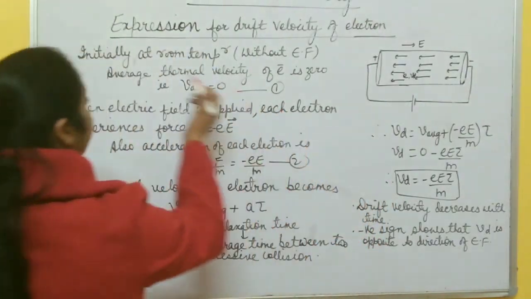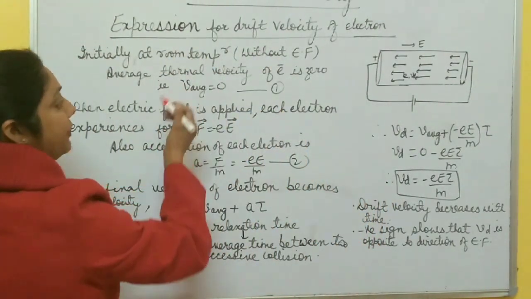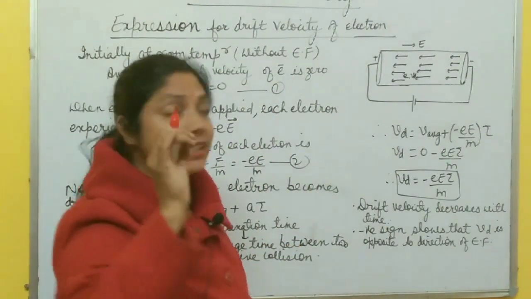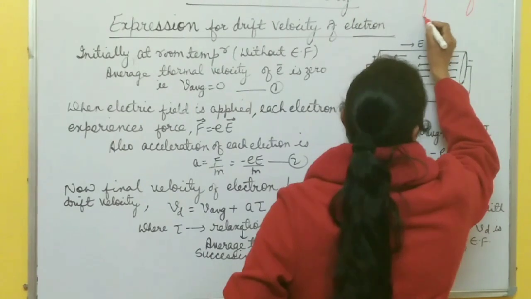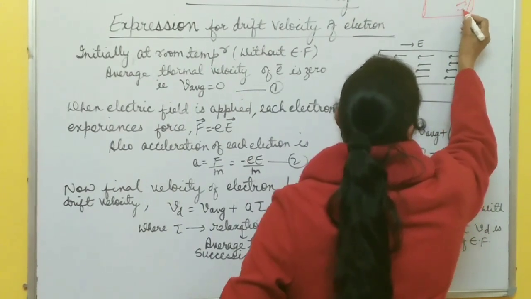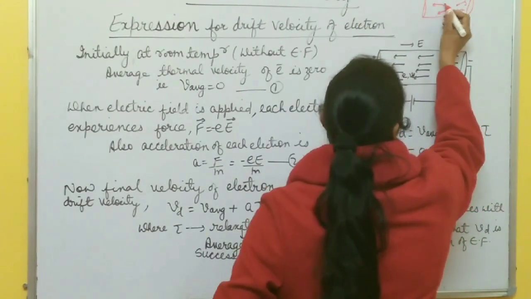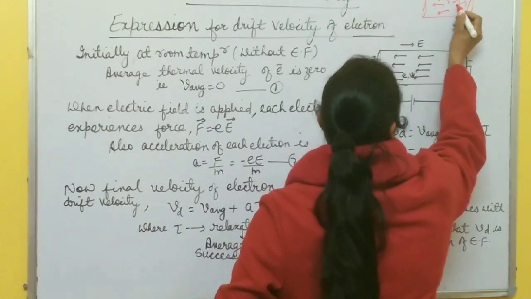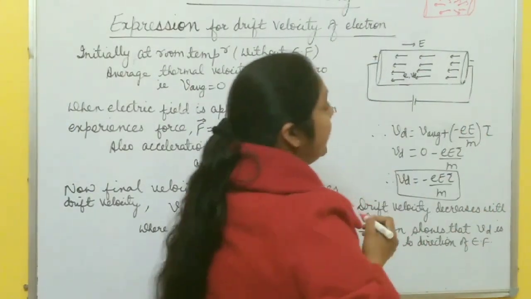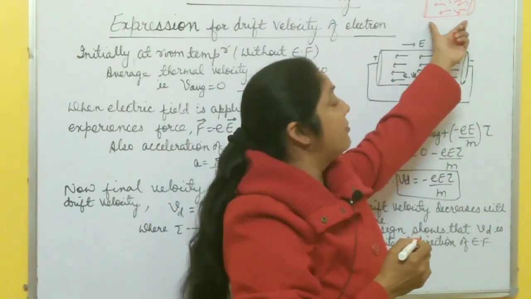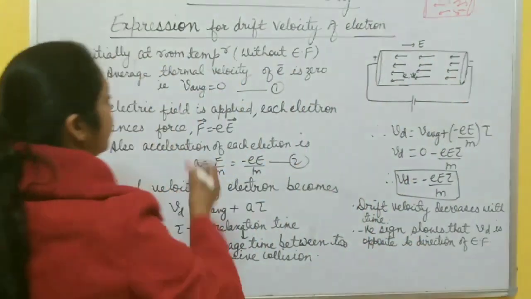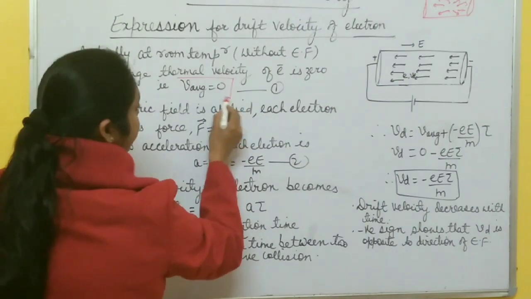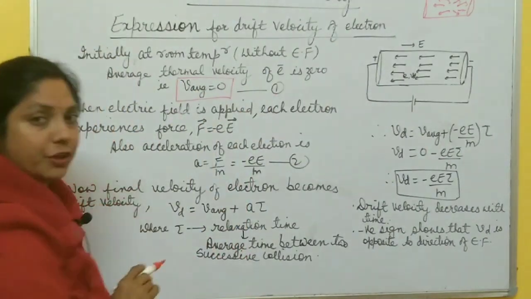So you can write: initially at room temperature without electric field, the average thermal velocity of each electron is 0, because, you know, suppose this is a conductor, right, and electrons are moving randomly in all possible directions without battery, when no electric field is applied, and the average of this thermal velocity of electrons is always 0. So you can write: average thermal velocity of electron is 0, equation number 1.